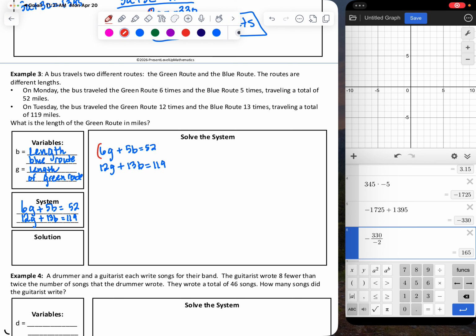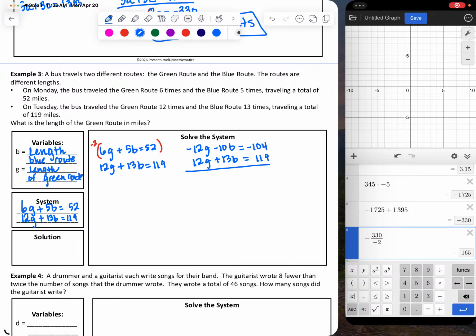So I'm going to multiply everything in this top equation by negative 2. So negative 2 times 6G is negative 12G. Negative 2 times 5B is negative 10B. And negative 2 times 52 is negative 104. Don't do anything to the bottom equation.